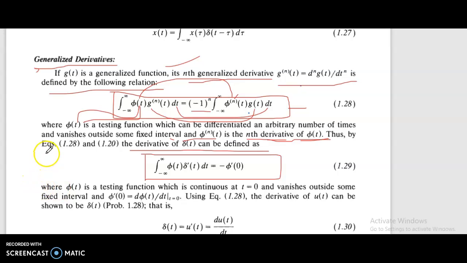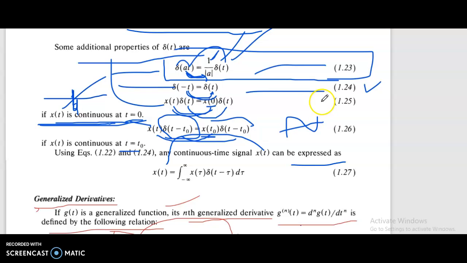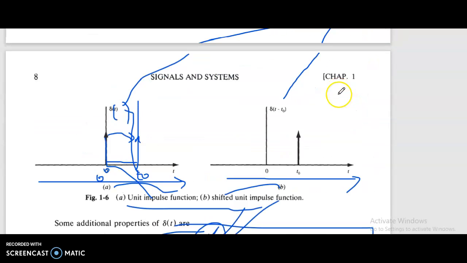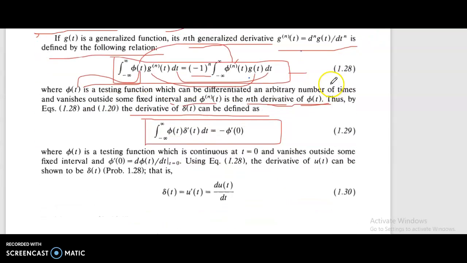Thus, by equations 1.28 and 1.20, the derivative of delta(t) can be defined as minus the integral from minus infinity to plus infinity of phi(t) delta'(t) dt equals minus phi'(0).